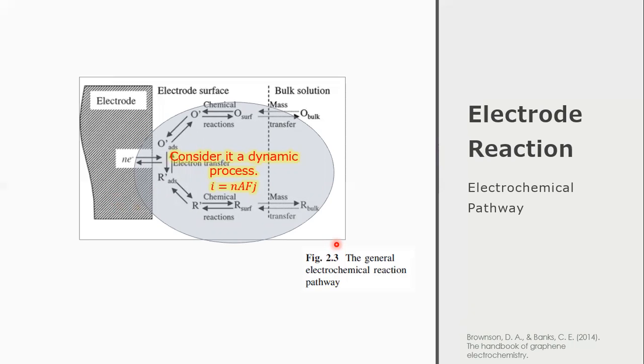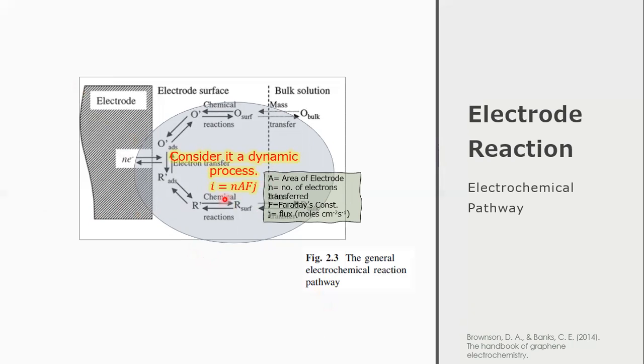So if you consider it a dynamic process, it follows Faraday's law, and the amount of the current generated basically depends on the flux of the electroactive species at your interface. There's a legend of the equation.